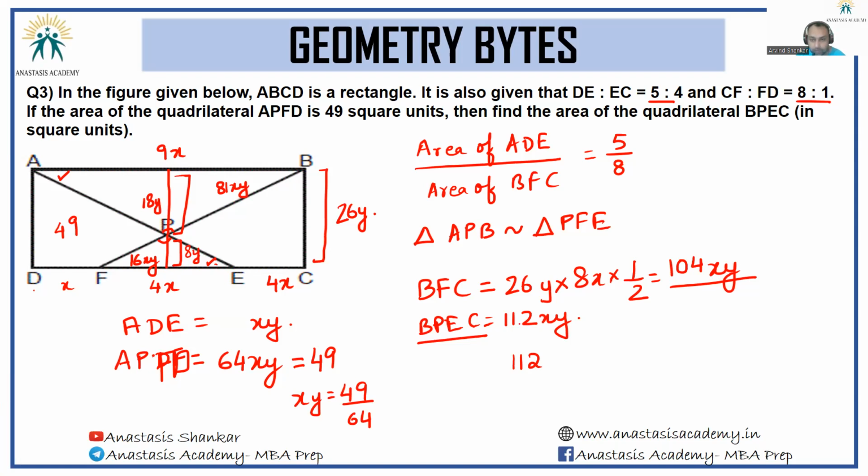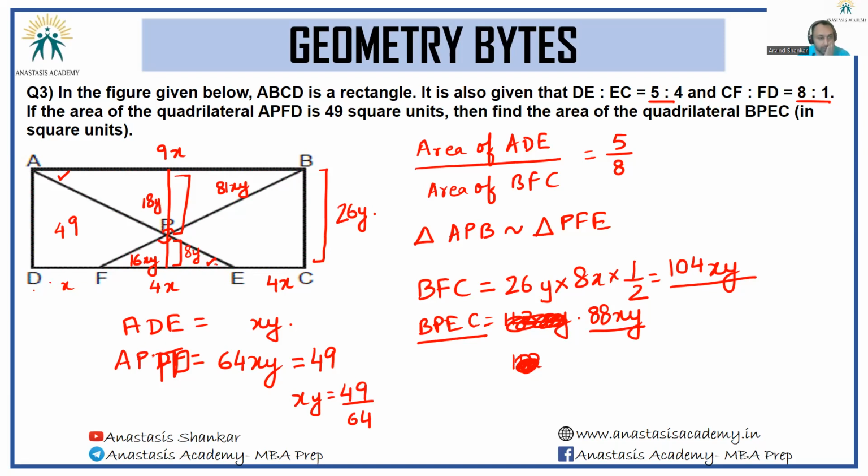So 104 minus 16 will give me 88xy. Okay. BPEC is 88xy, basically BFC minus 16xy.